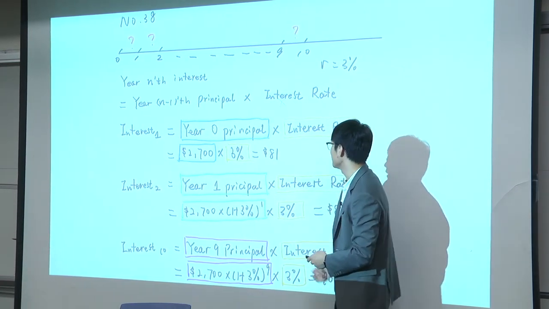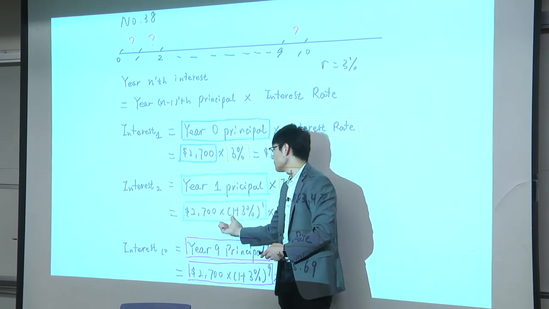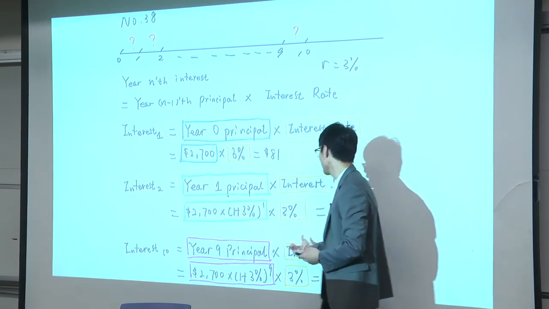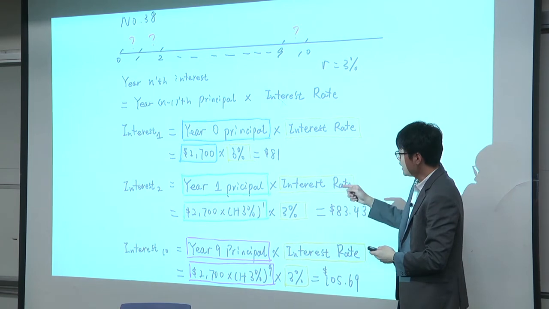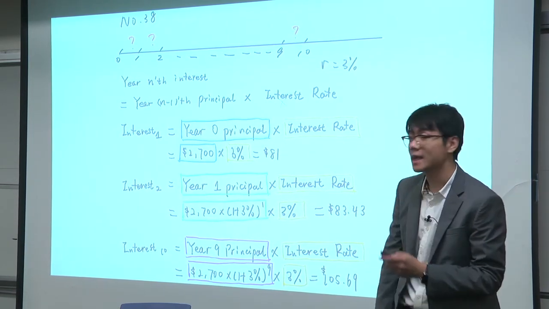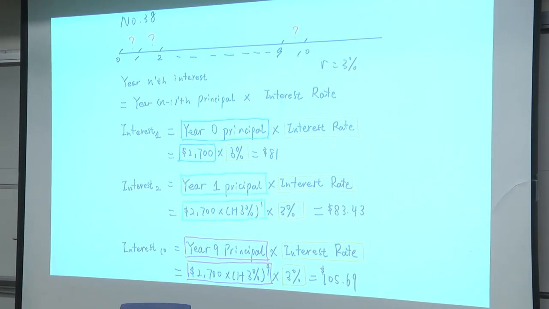Year 1 principal is what? Is year 0 times 1 year of compounding, right? So you will have $83.43. Interest for the 10th year should be using total savings at the end of 9th year, multiplied by the interest rate.